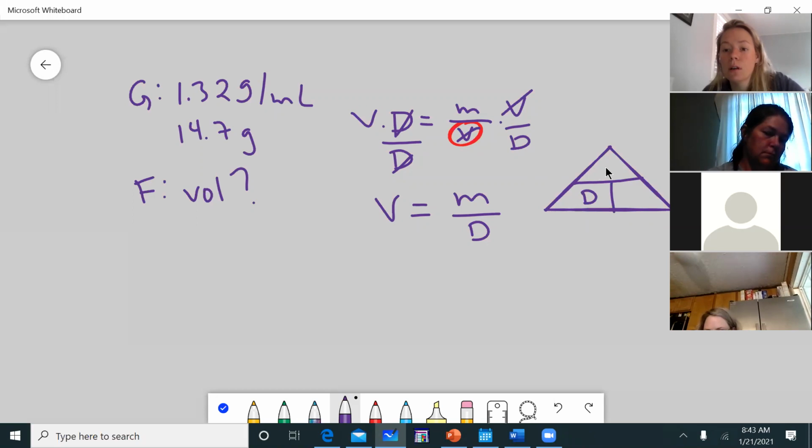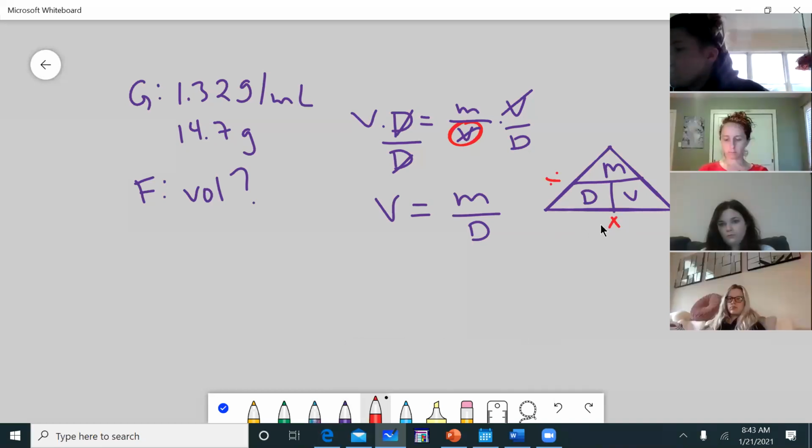And in the upper, I want you to write M. And then in this lower right, write V. Okay, they've got to be in this order. So think of this bar as a divisor bar, divider. Think of this bar as a multiplier. You should be able to derive every equation you need off of that.